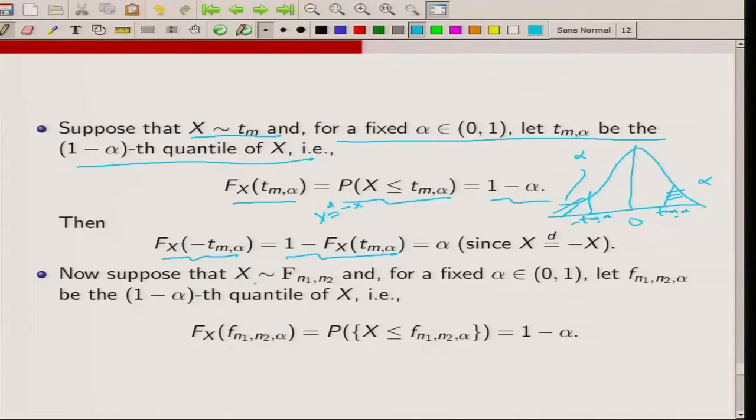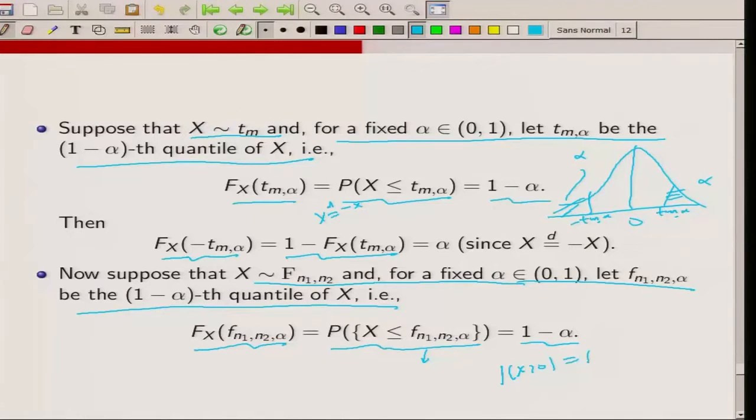Now, suppose that x has F on n1 and n2 degrees of freedom. For alpha belonging to 0 1, let F n1, n2, alpha be the 1 minus alpha's quantile of x. That means Fx of F n1, n2, alpha is same as probability x less than or equal to F n1, n2, alpha is same as 1 minus alpha. But I convert this probability into 1 by x. Because probability x greater than 0 is 1, I can convert this inequality in terms of 1 by x.